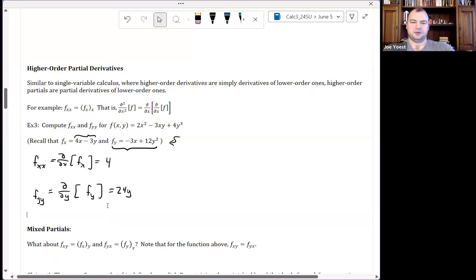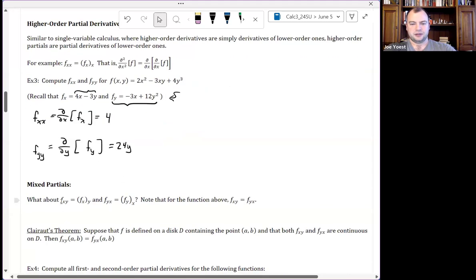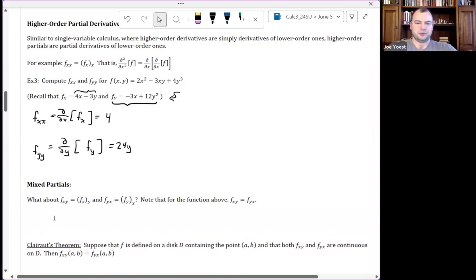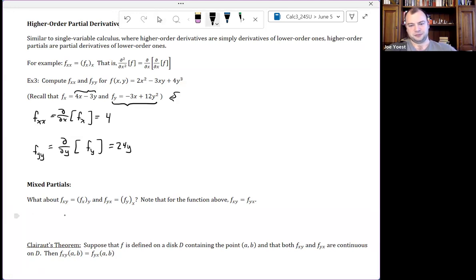And we might ask then, well, if f sub x is just a function of two variables, we could take its x partial, but couldn't we take f sub x's y partial, or maybe f sub y's x partial? Seems plausible that we could do that. Those would also be second order partials, but they're what we would call mixed partials. So let's compute those for this function.